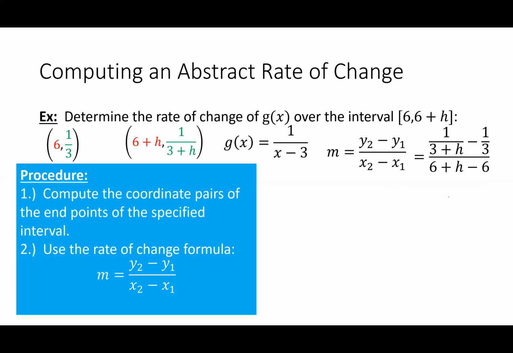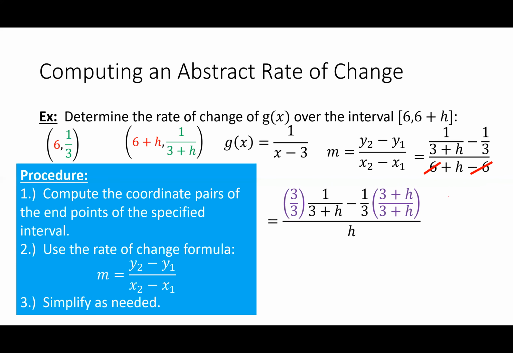All right, before I dive into the numerator, let's just look at the very bottom. 6 plus h minus 6. I see that those 6's are going to cancel out really nicely. So now I'm going to go ahead and take that numerator and get those denominators to be the same. The common denominator between 3 and 3 plus h is 3 times 3 plus h.